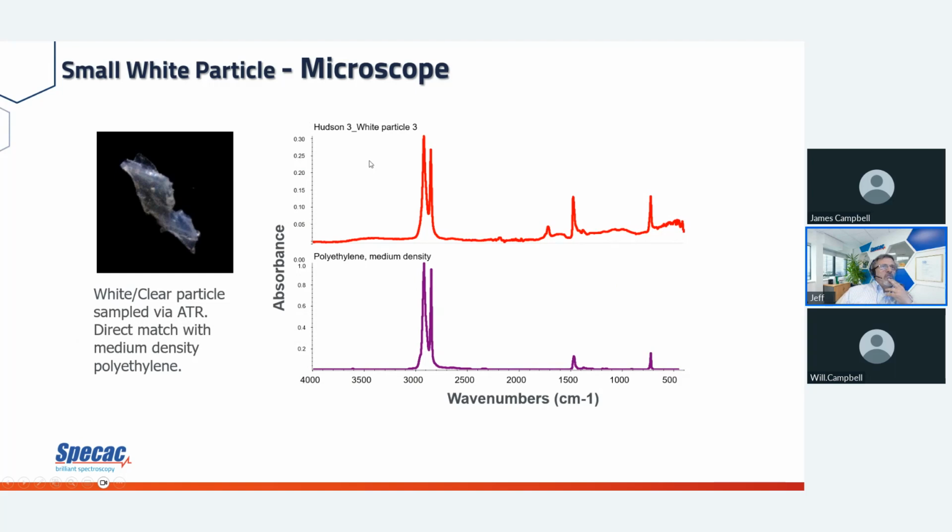We took that as the Hudson white particle, number 3, because there were others. Did a really nice transmission of that, matched it up with a library match of polyethylene. It's a medium density, and it looks very nice. You can get a very good idea of what is there. Now that could be, remember I was talking about that polymer film that companies produce that had a little black speck in it.